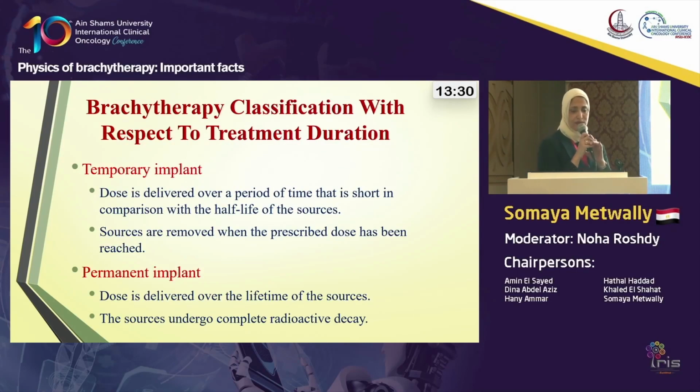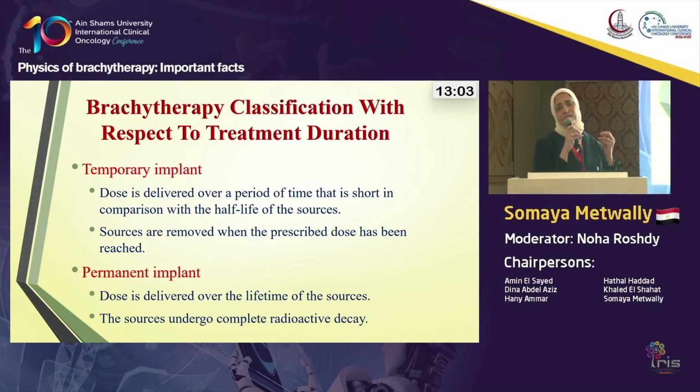Brachytherapy classification with respect to treatment duration. We have multiple classifications of brachytherapy, and this is one of them. We classify brachytherapy based on treatment duration: temporary implant and permanent implant. In a temporary implant, the dose is delivered over a period of time that is short in comparison with the half-life of the source.